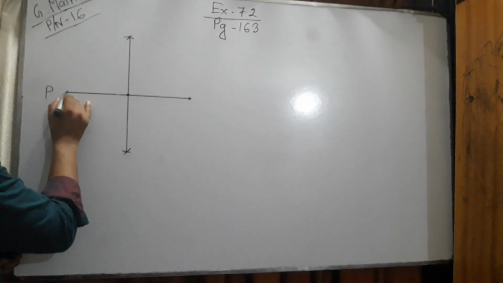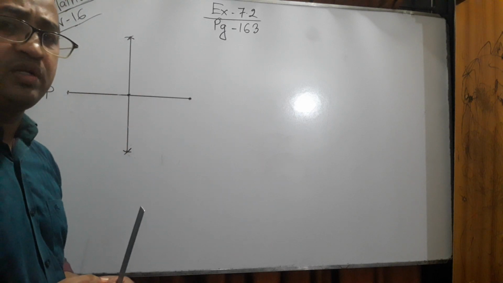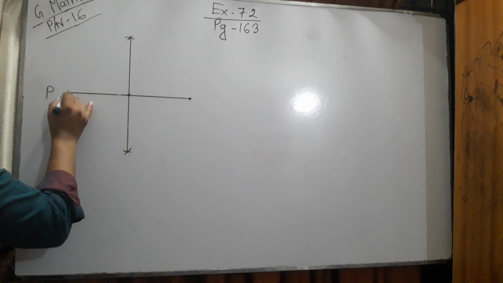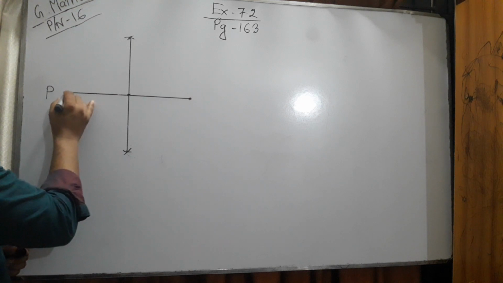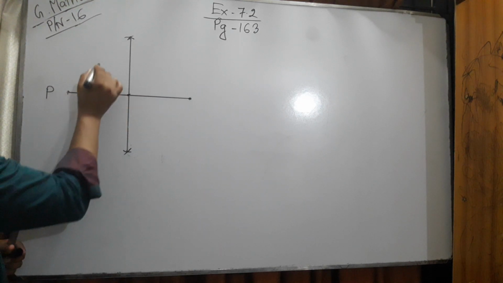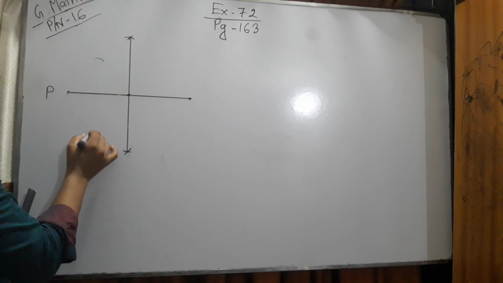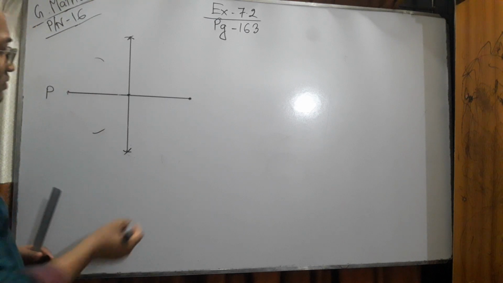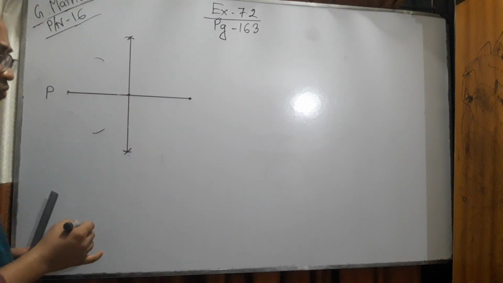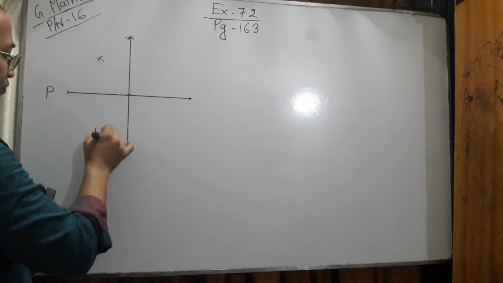Now we will divide this half again equally in the same way. With center at this point, with a radius more than half of this portion, we draw an arc over there and also below this portion. Again with center at the other point, with the same radius, we draw another two arcs.